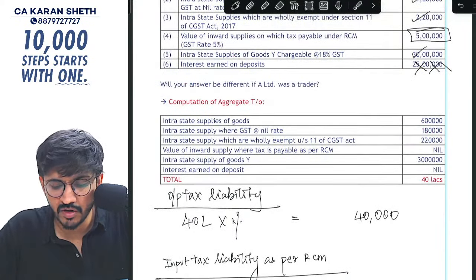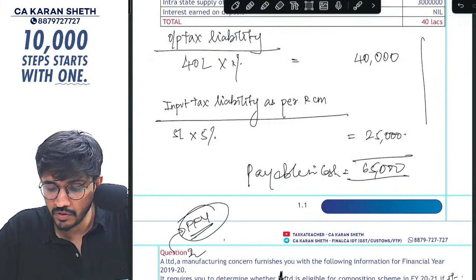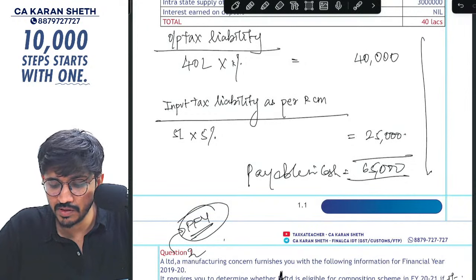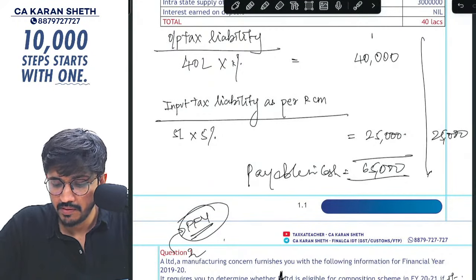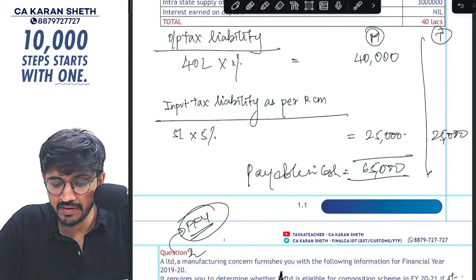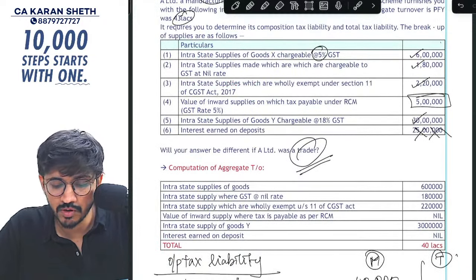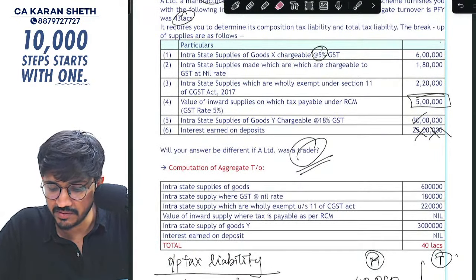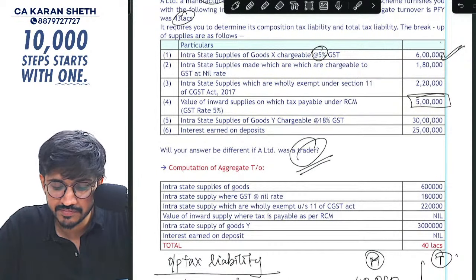Okay. Will your answer be different as a trader? Hell yes. Why? Okay, because understand, this will be the same. ये तो 25,000 ही रहेगा, but if you are a trader, then this will boil down to only taxable supplies. So you will be only taking 6 lakhs because it's taxable.